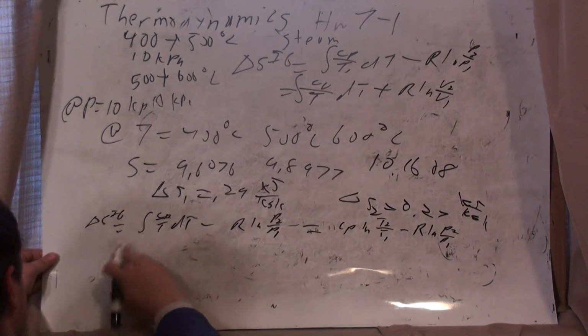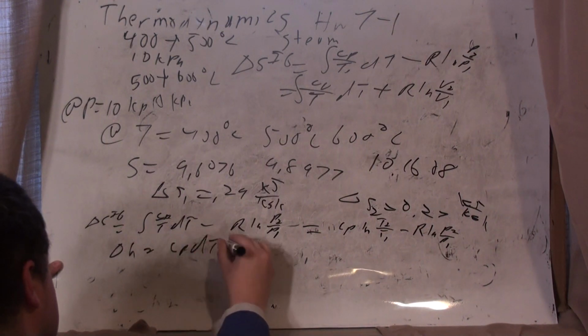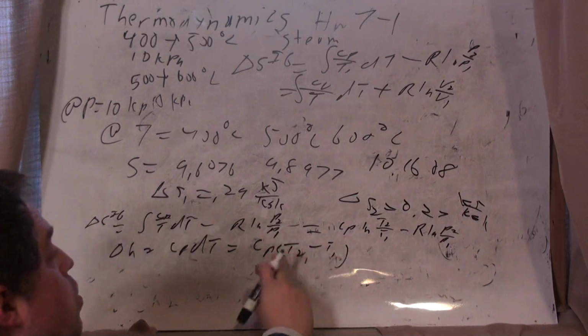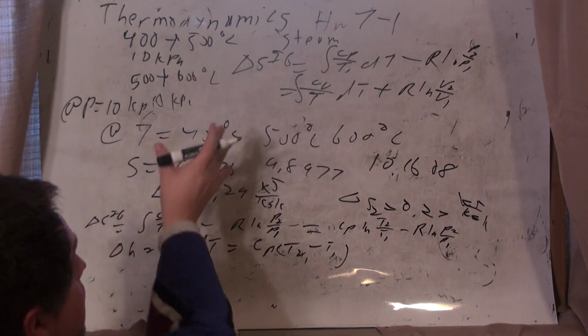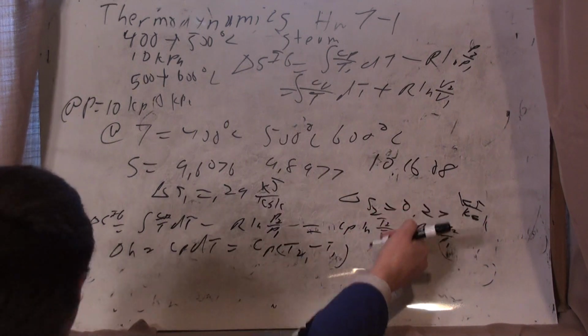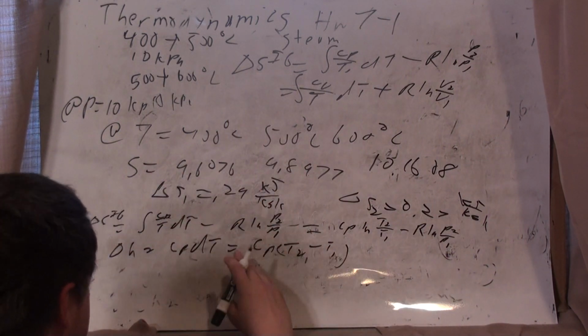See, when you're doing enthalpy, it becomes Cp times T2 minus T1. This one's okay because you have a difference. But because these are degrees Celsius, I no longer can do that. So, yeah, the difference is 100 in both cases. Okay, but the ratio is not the same. 500 divided by 400 is not the same as 600 divided by 500.